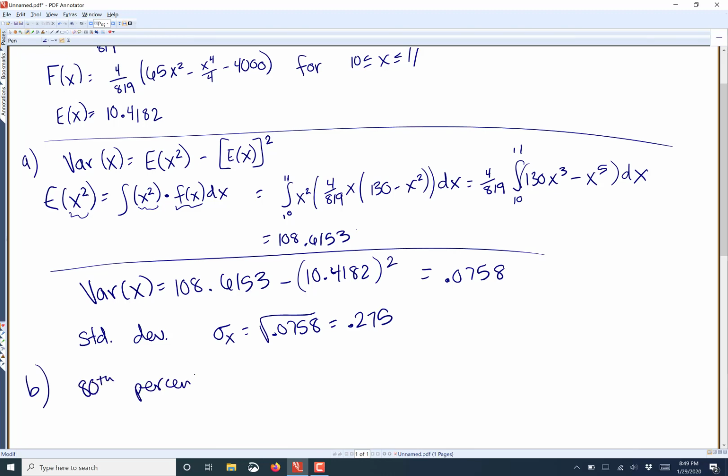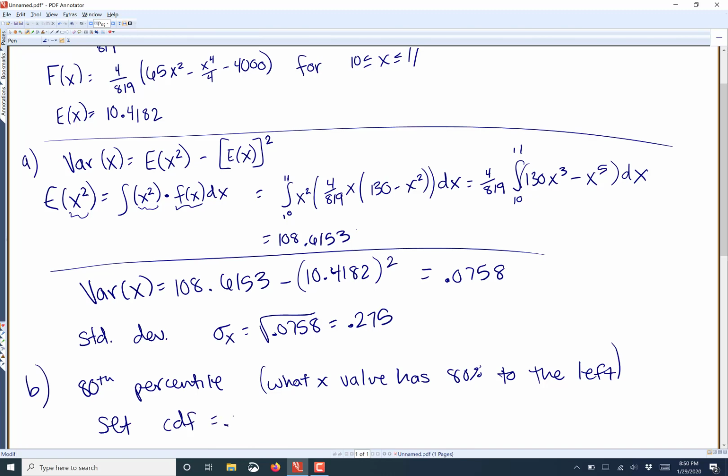It's just like finding a median, because you're saying what x value has 80% to the left. So median, you just do 50%, 80th percentile, you just say what x value has 80% to the left. So we'll set our CDF equal to 0.8 and solve for x.